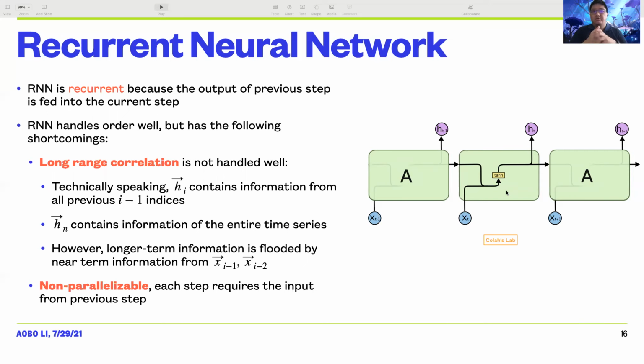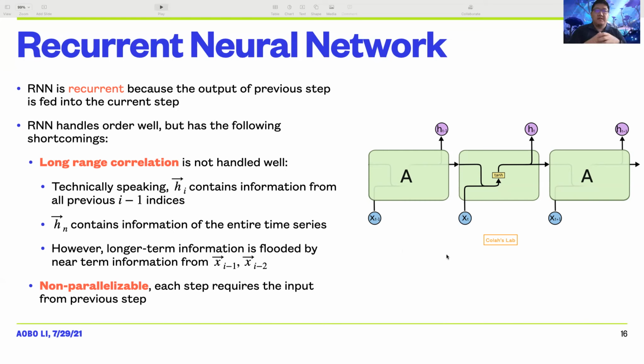However, during the actual training process, we find that long-term information at x_i is often flooded by near-term information from x_{i-1} and x_{i-2}, just because near-term information is more emphasized compared to the information at, say, x_0 and x_1.